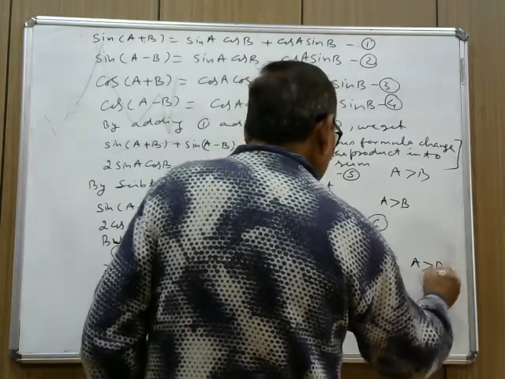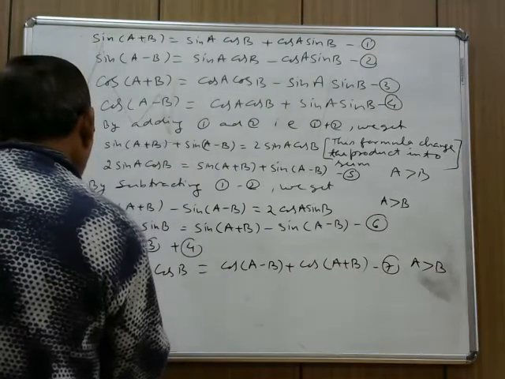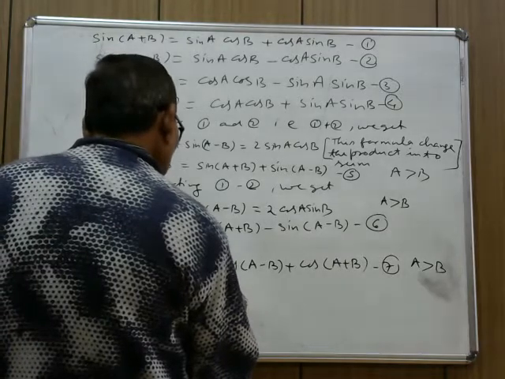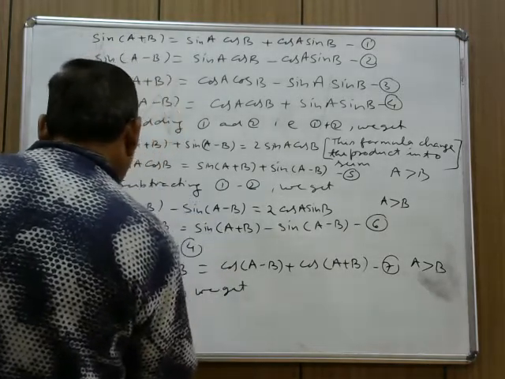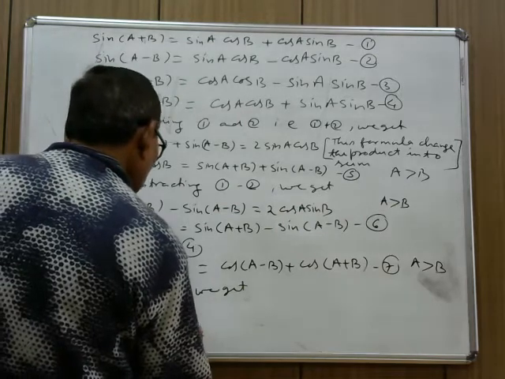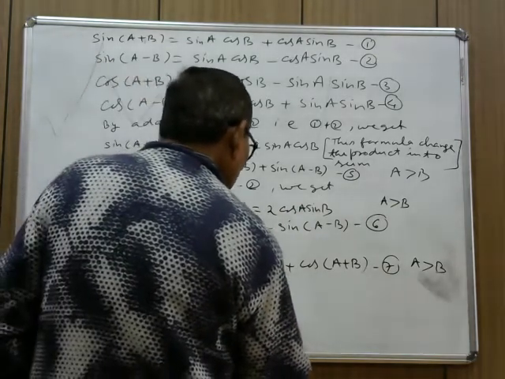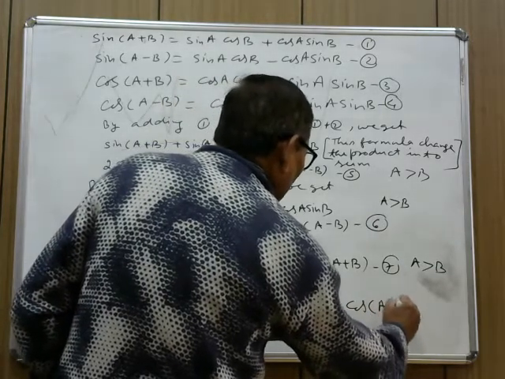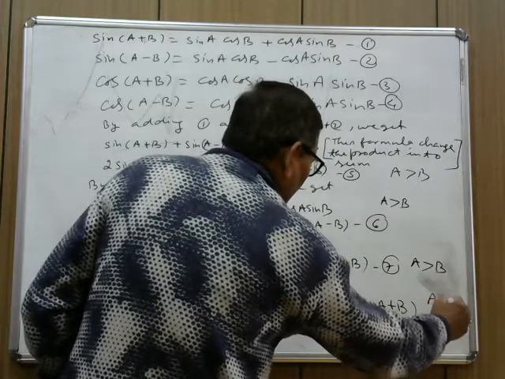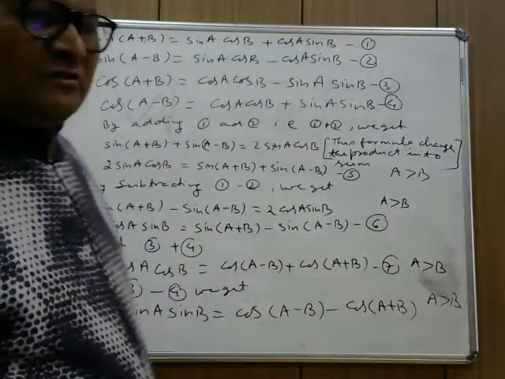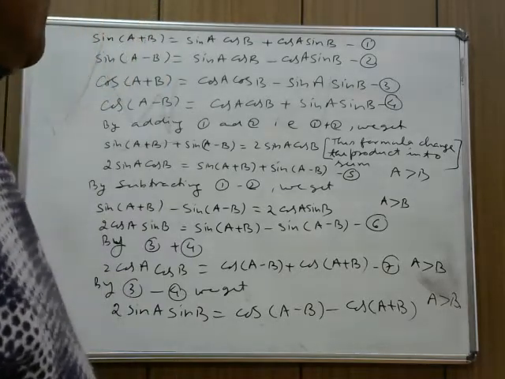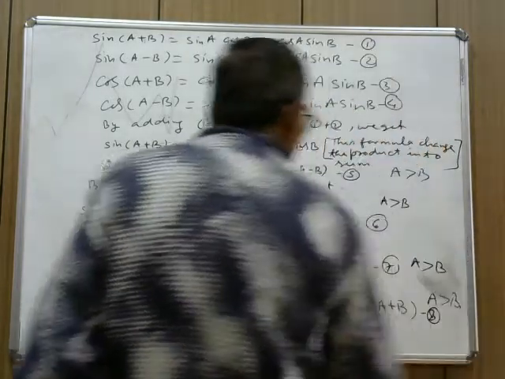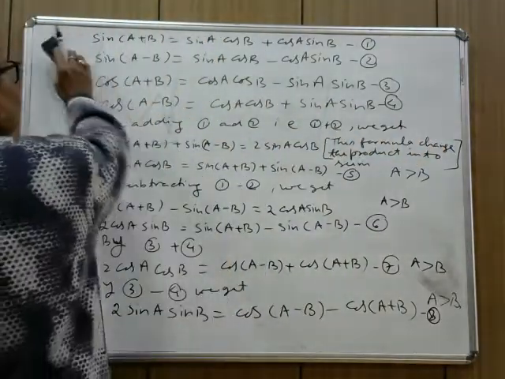Here also A is greater than B. Now by 3 minus 4, we get 2 sin A sin B is equal to cos of A minus B minus cos A plus B. Here also A is greater than B. So you remember that by using these four formulas, 5, 6, 7 and 8, you have again four formulas.